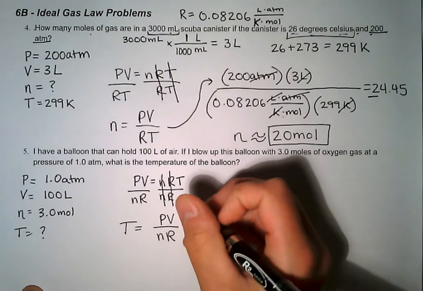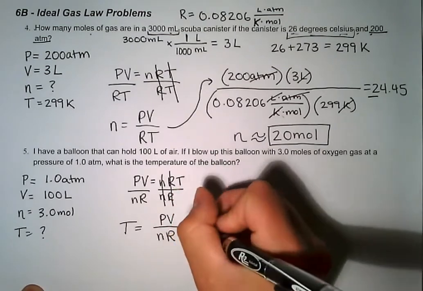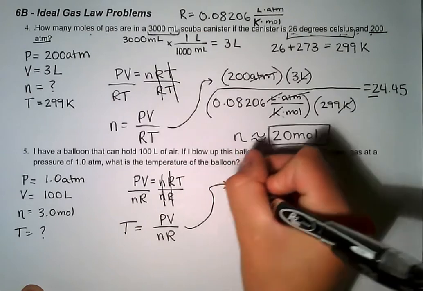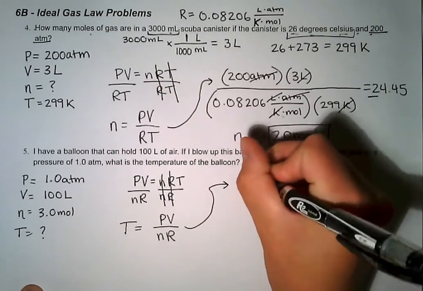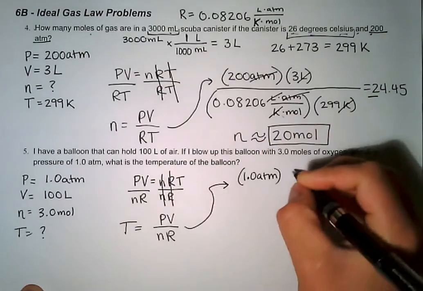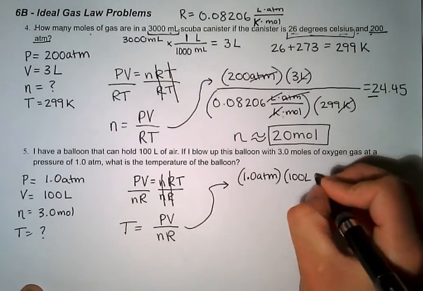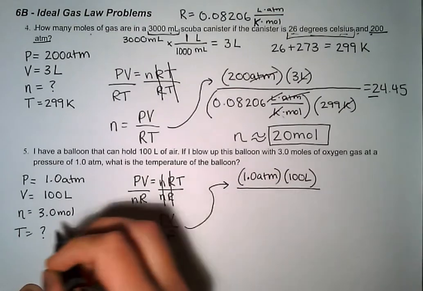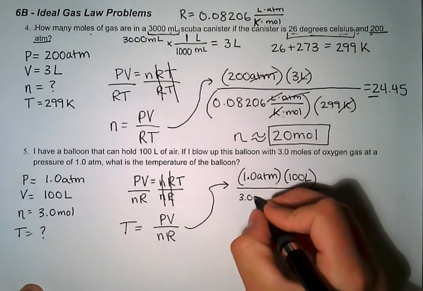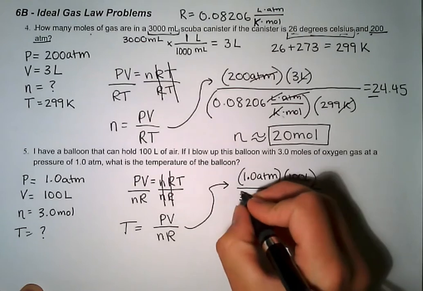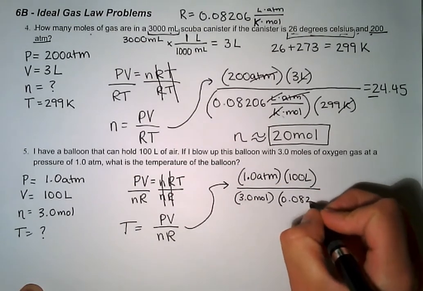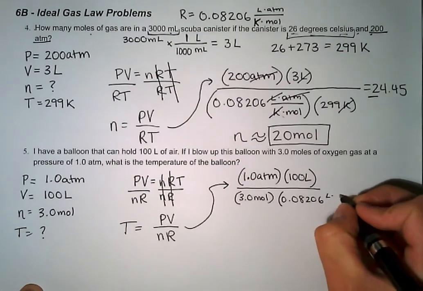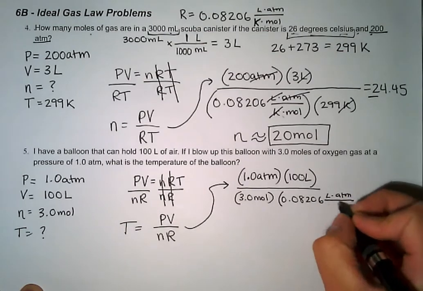So now all we need to do is substitute in our numbers. So let's move up here. Our pressure is 1.0 atm. Our volume is 100 liters. Our number of moles is 3.0 moles. And then our value of R is 0.08206 liters times atm over Kelvin times mole.